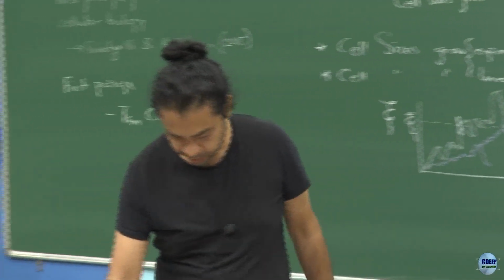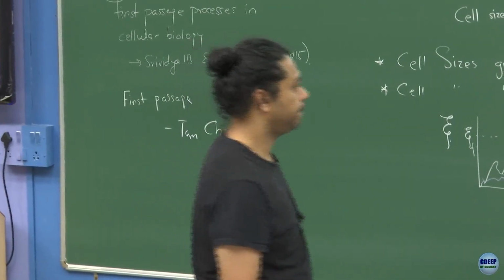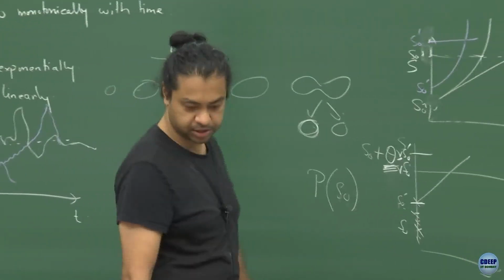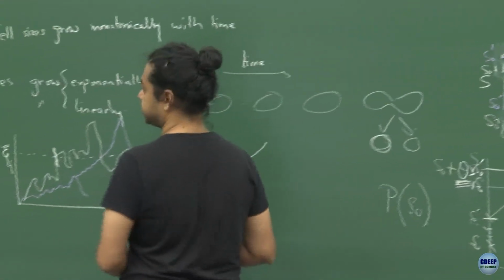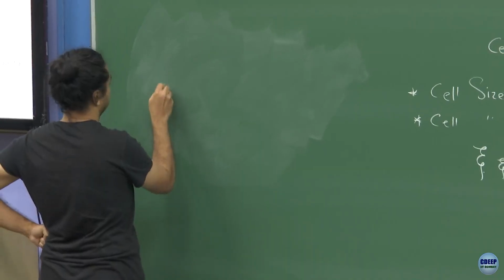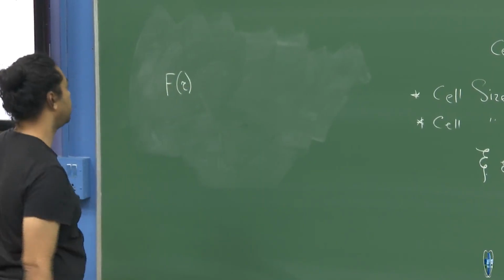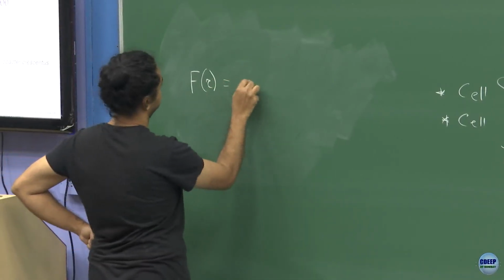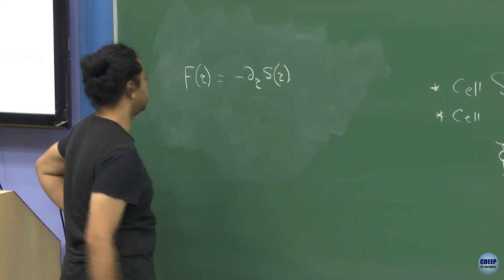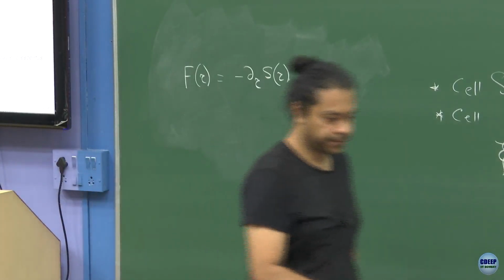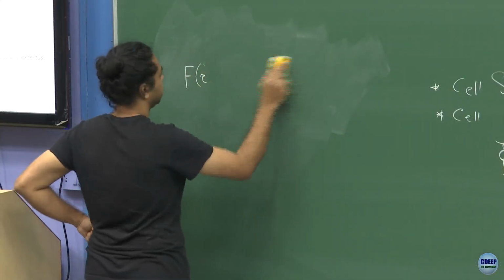Okay. And what that means is that if I am looking for the first passage distributions, f of tau, this was like the negative derivative of the survival, up to, let me put a theta somewhere as well, because I want to talk in terms of some threshold theta.